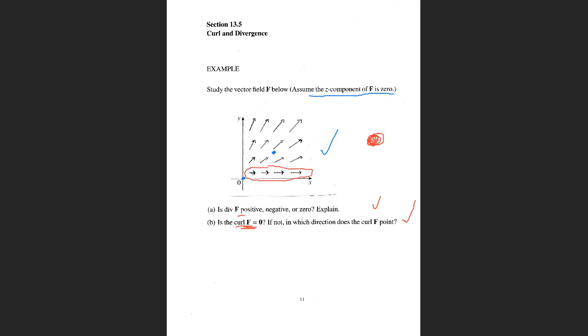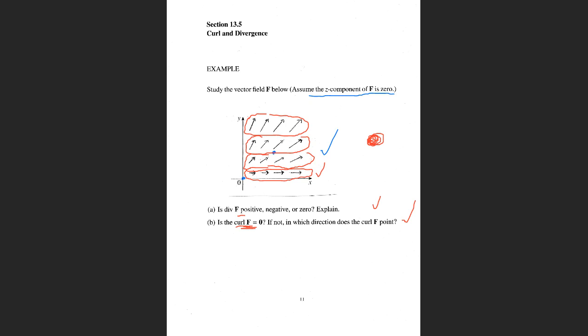I can look at different layers of the fluid for different y values and study how they behave. I'm going to look at this first layer to help me.